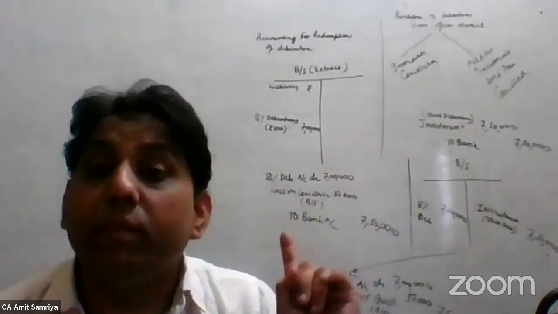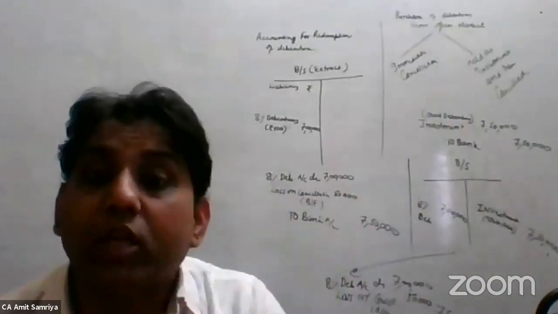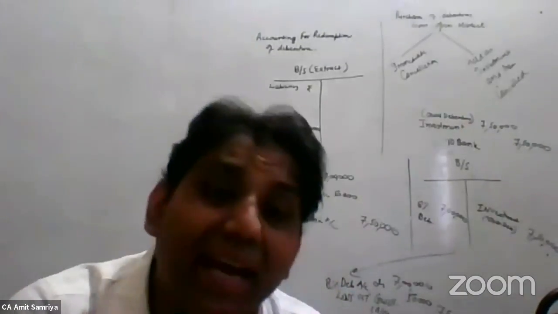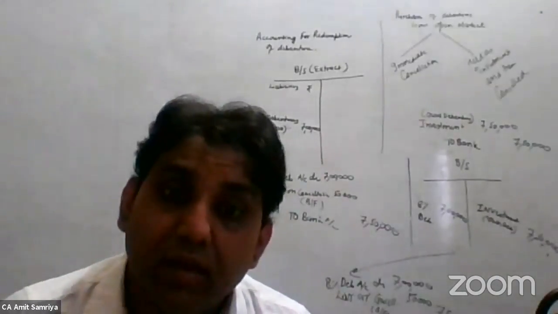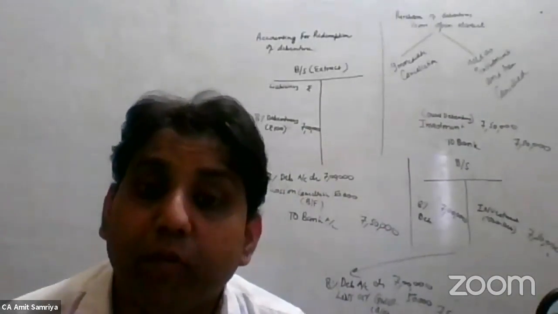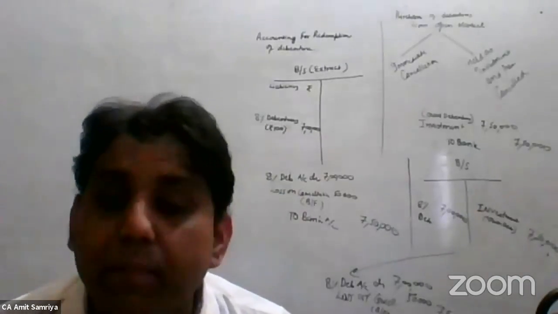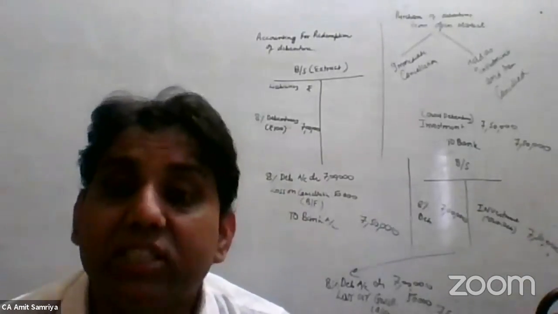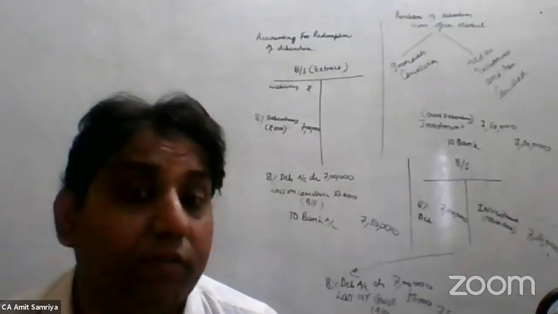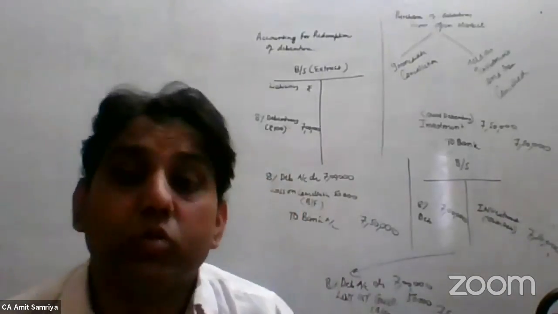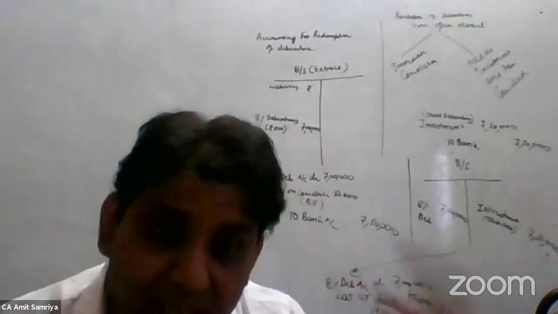Debenture interest to bank means the company is paying interest to debenture holders for the liability of debentures. And interest on debenture paid at the time of purchase means it is paid for purchasing the investment. Without giving that 3-month interest, the company is not able to purchase its own debentures at 7,50,000. That is why. And definitely, students, the company will pay 3-month interest.